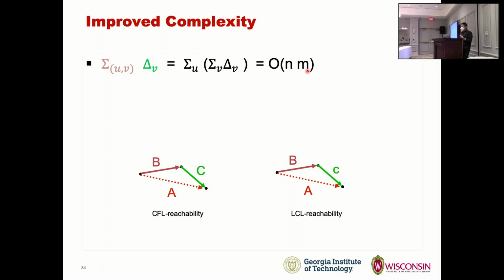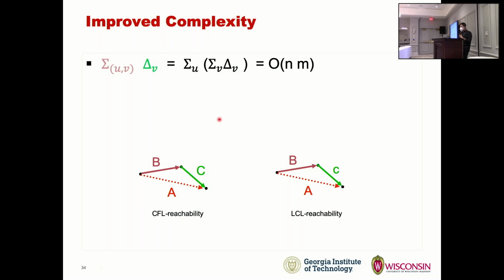So in practice, if the graph is sparse, the asymptotic complexity of this algorithm is subcubic time, which is better than the cubic time CFL-reachability algorithm. Again, I didn't give any empirical evaluation here, but based on the empirical evaluation, we can see that LCL-reachability is more precise and faster than the CFL-reachability over-approximations.